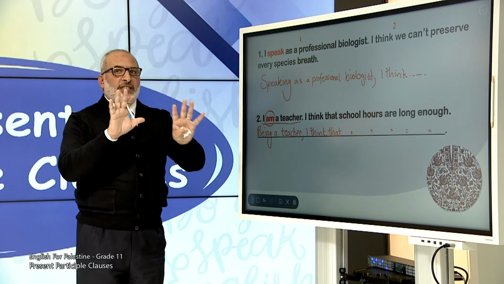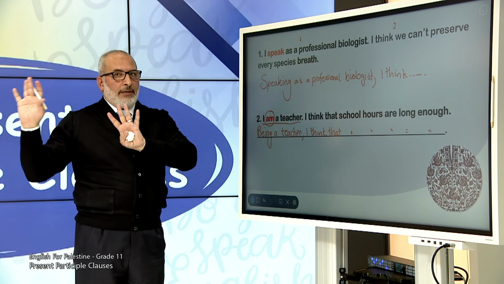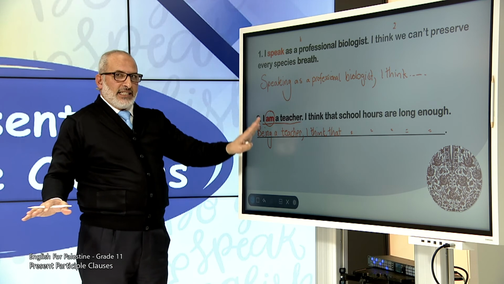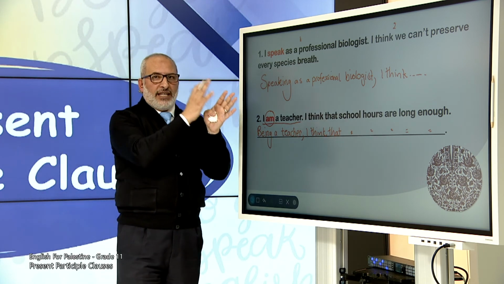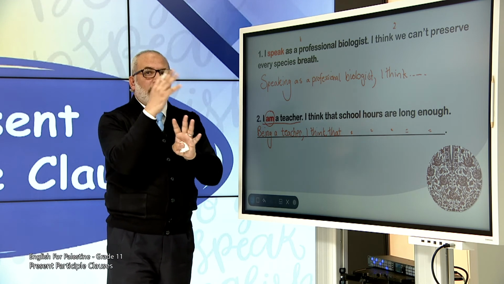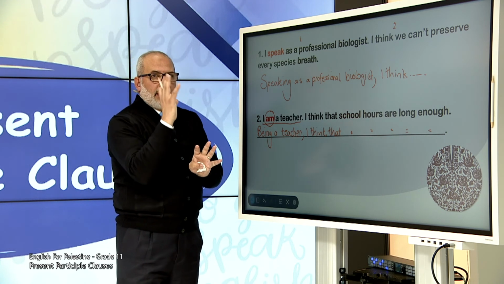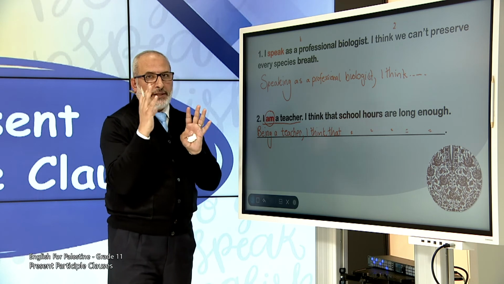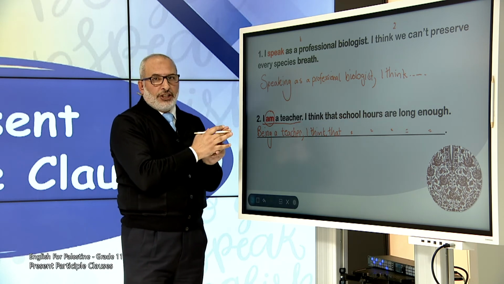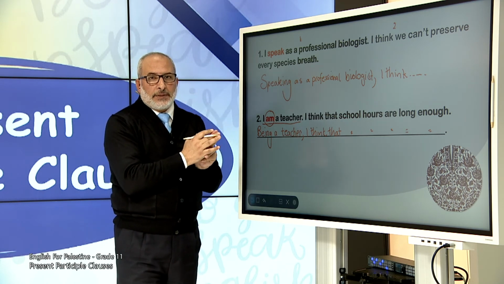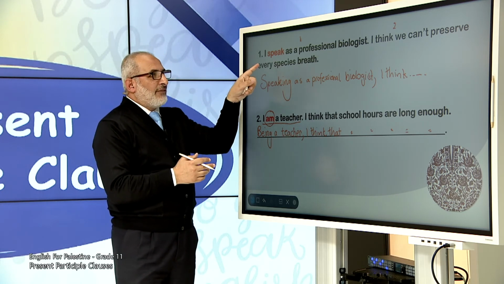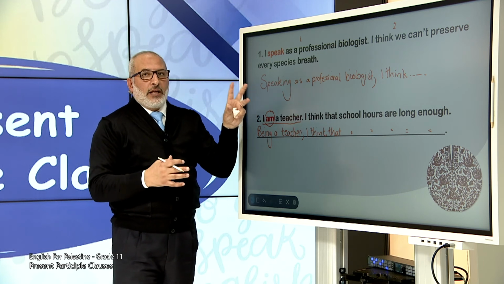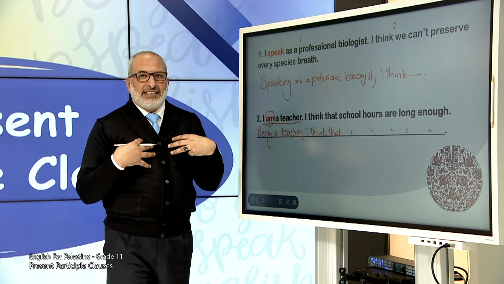So, do you notice the difference between the previous sentences and these sentences? Do you remember the previous sentences are reason and result, and we change the reason part into an ing phrase or present participle clause. But here we have two sentences. One expresses my identity.